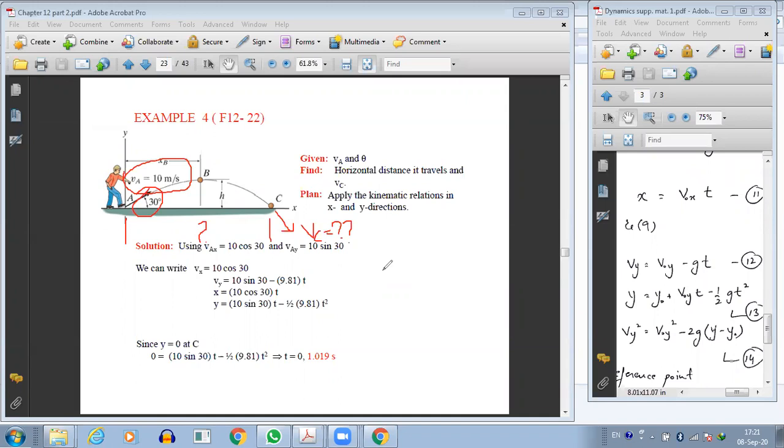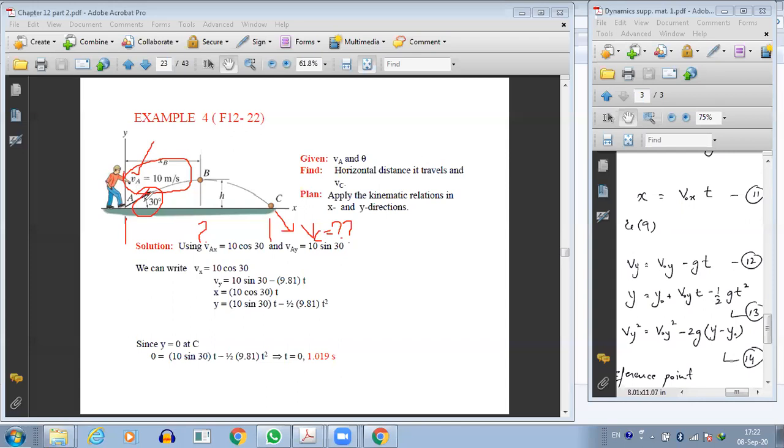So we have four equations in front of us. This is the projectile motion. Let's see how to use the four equations. The first equation we can use here, because we have VA. First we need to find VAX and VAY, the initial velocity in the X direction and the initial velocity in the Y direction.